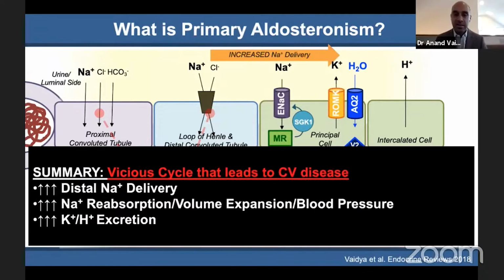So this is a vicious cycle. You have more distal sodium delivery, which results in more sodium reabsorption and more volume expansion. This increases blood pressure. This increases glomerular hyperfiltration, which further increases distal sodium delivery, and so on and so forth, all in conjunction with potassium and hydrogen ion excretion.